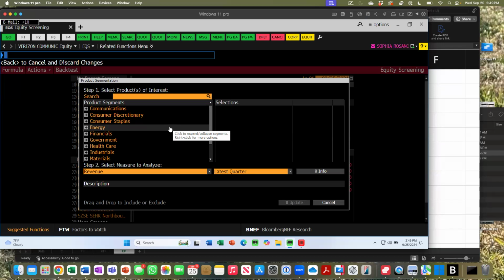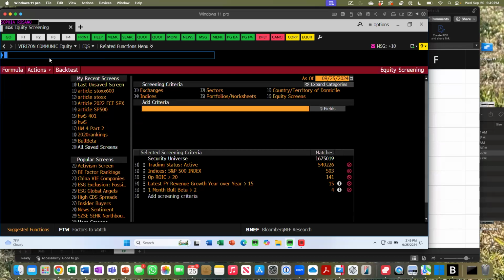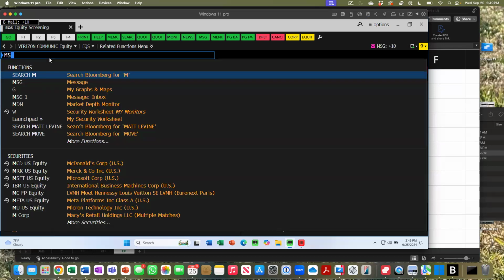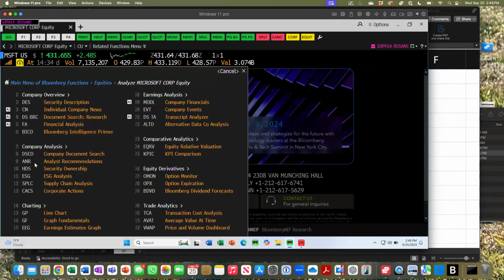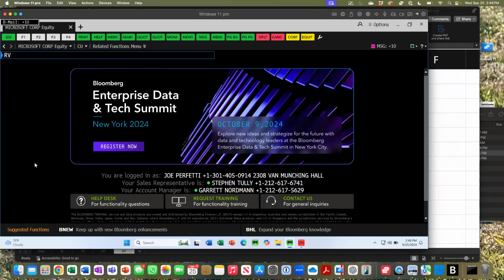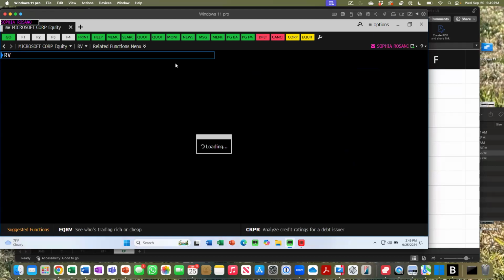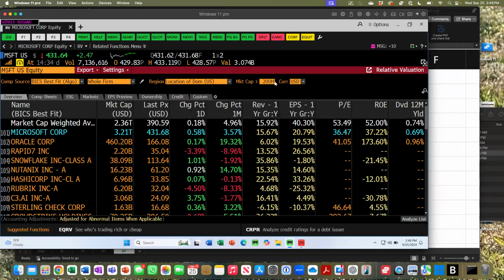The other half of homework 5 is to go to Microsoft, do an RV, go to custom, and create a spread based on operating ROIC.